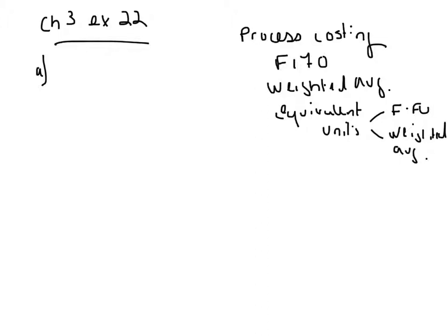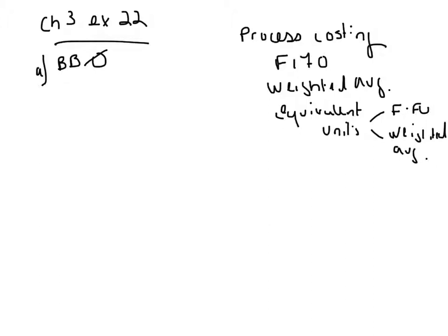Weighted average just considers everything to be started in the period that it was complete. So there aren't any beginning units. So when we start with the beginning balance, it's just 0 under this weighted average method. So we're going to assume all 23 units were started and completed during the period.